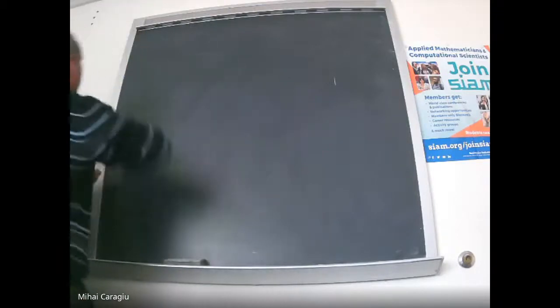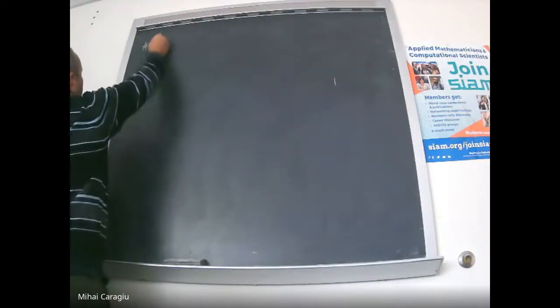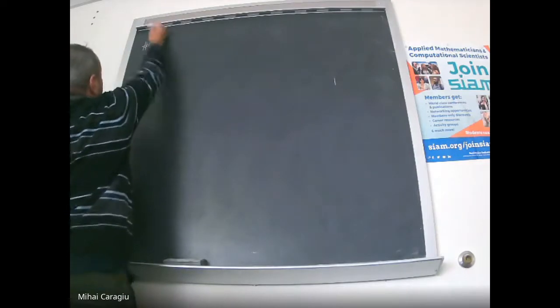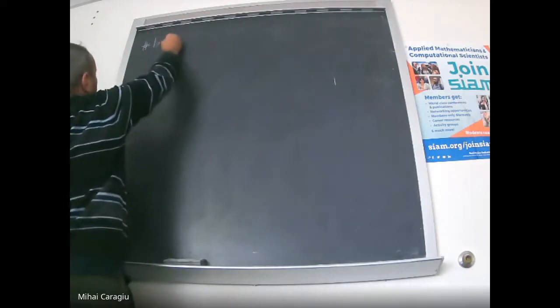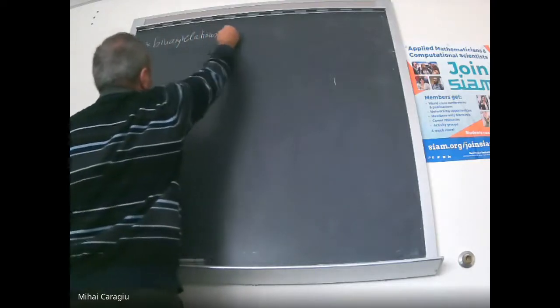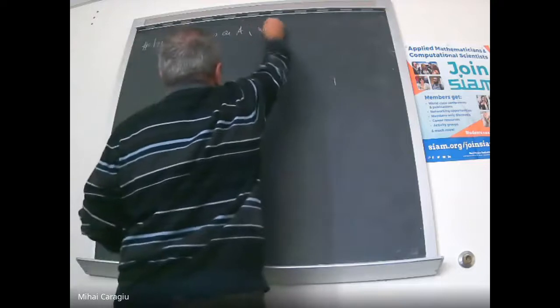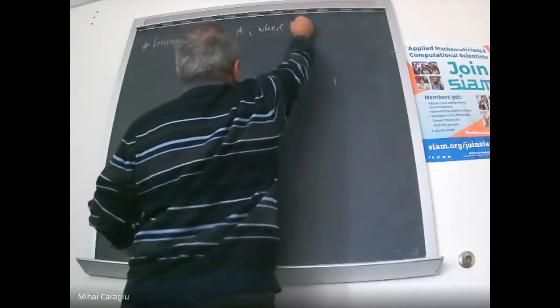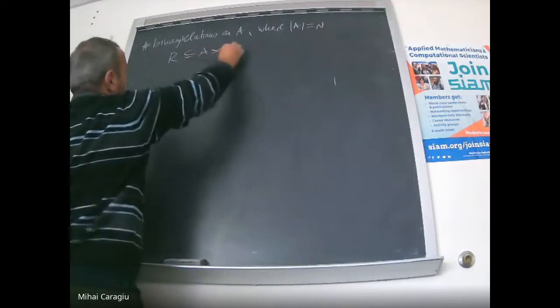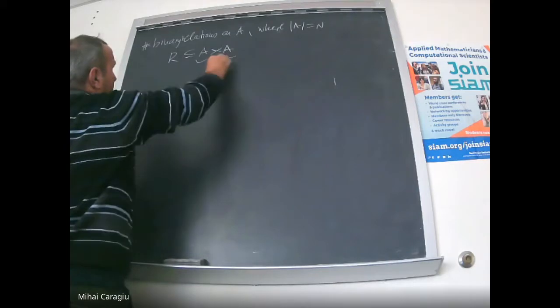What was the total number of binary relations on A? There's another problem we discussed in class. The number of binary relations on A, where the number of elements of A is n, because every such relation is a subset of A cross A, and A cross A has n squared elements.